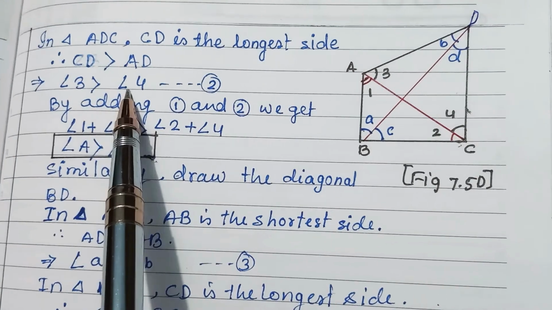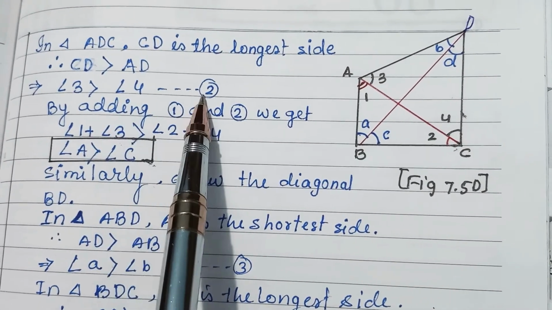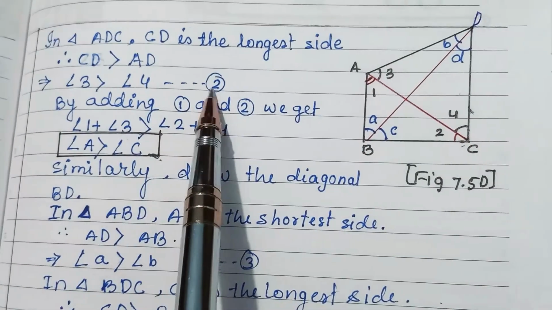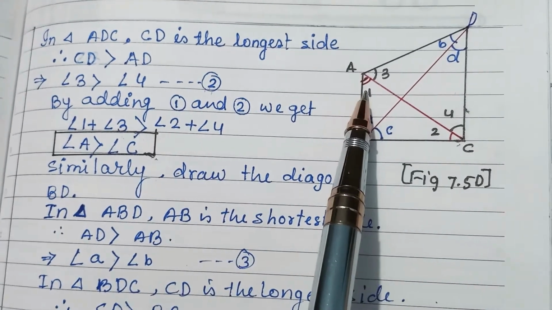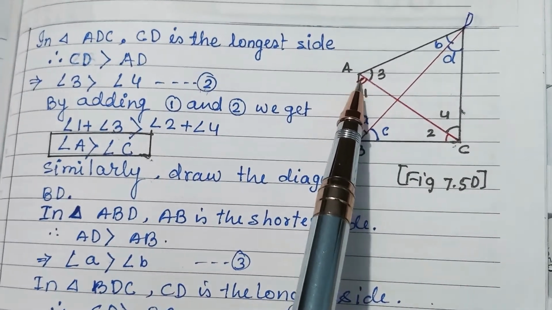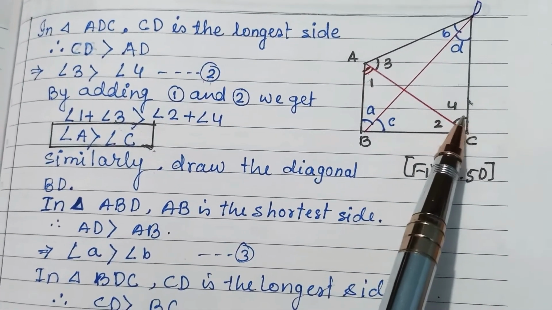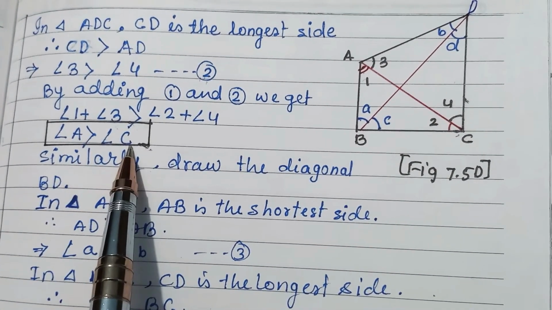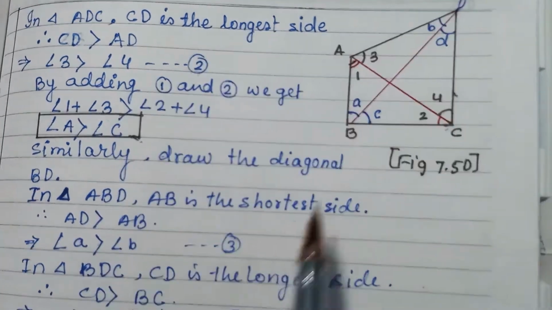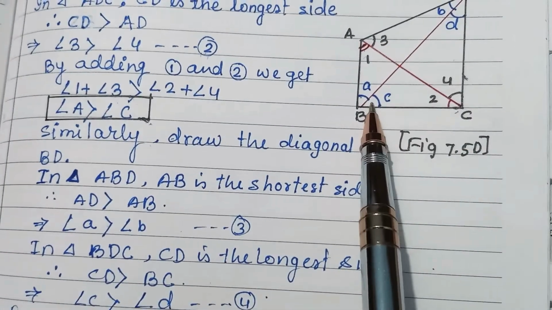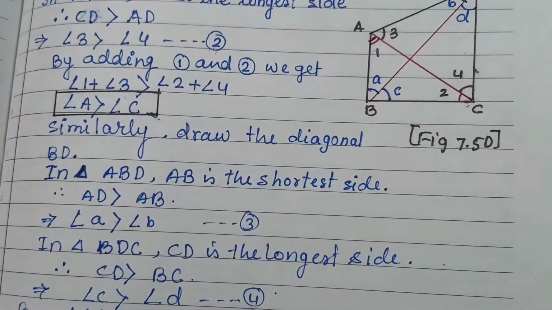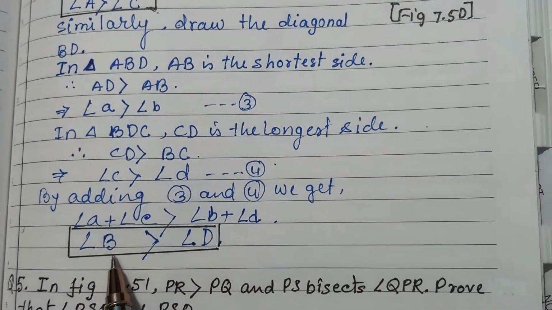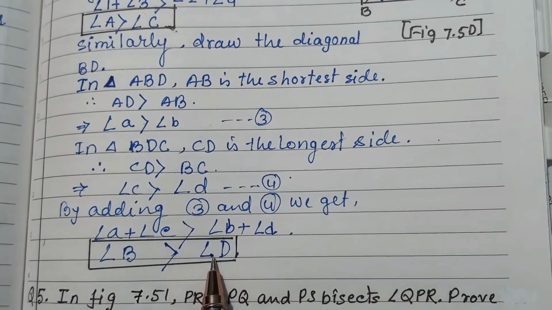Now add the first and second relations. Angle 1 plus angle 3 is greater than angle 2 plus angle 4. Got it? So angle A is greater than angle C. Similarly, if you draw BD, you can prove that angle B is greater than angle D.